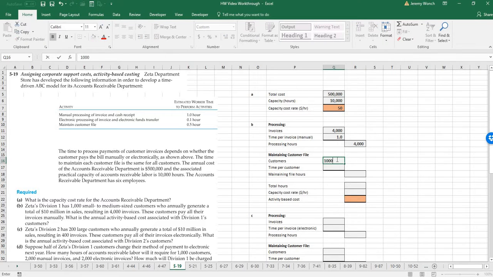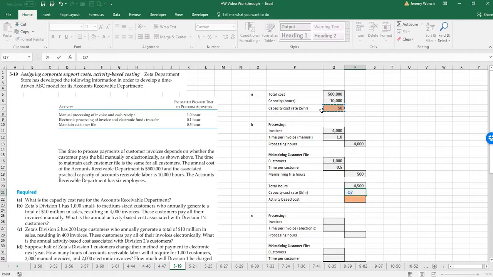They have 1,000 customers, and it takes a half an hour per customer. We multiply those through, and it takes 500 hours maintaining the customer file. So that's going to be 4,500 hours.